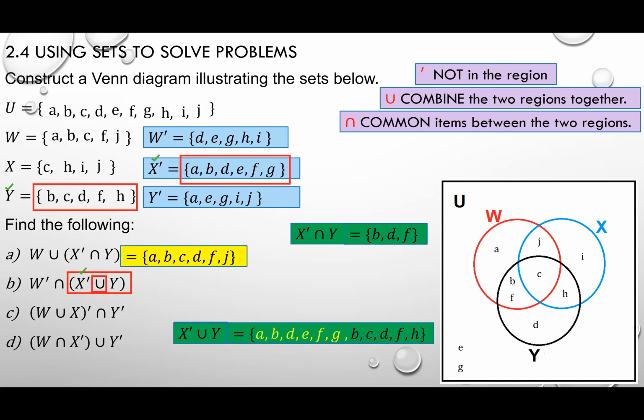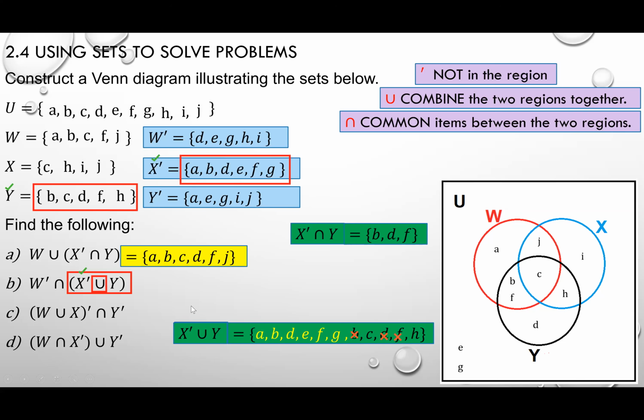The only thing is, if they repeat, the B is repeated, you don't need to write it twice. The D is repeated, you only need to write it one time. The F is repeated, you can write it one time, or you can write it twice. Remember, inside your set, you can write it as many times as you want. We don't double count it, right?